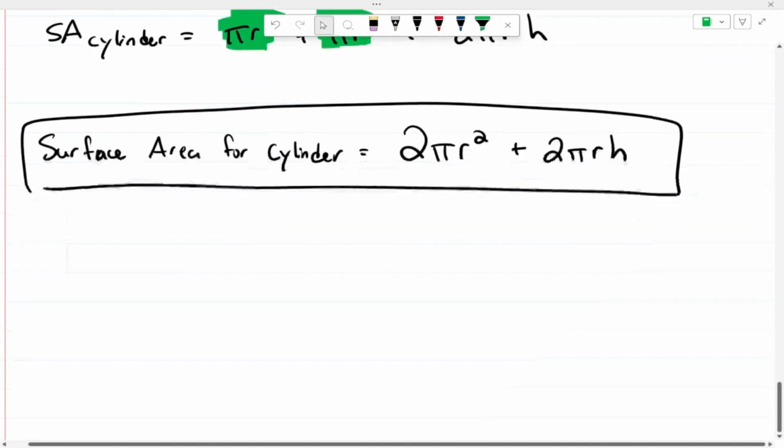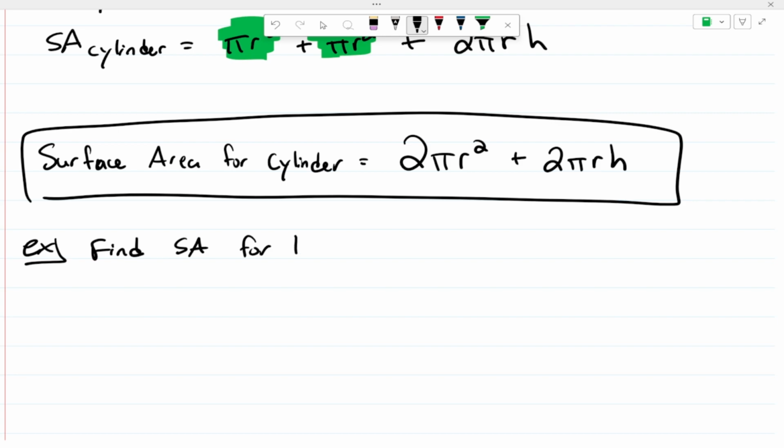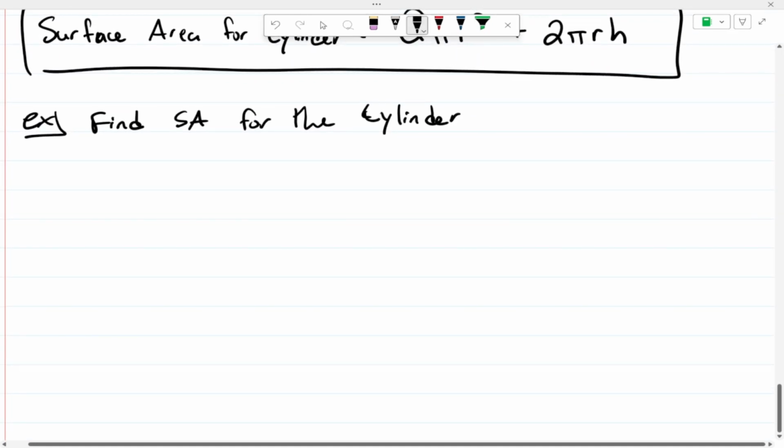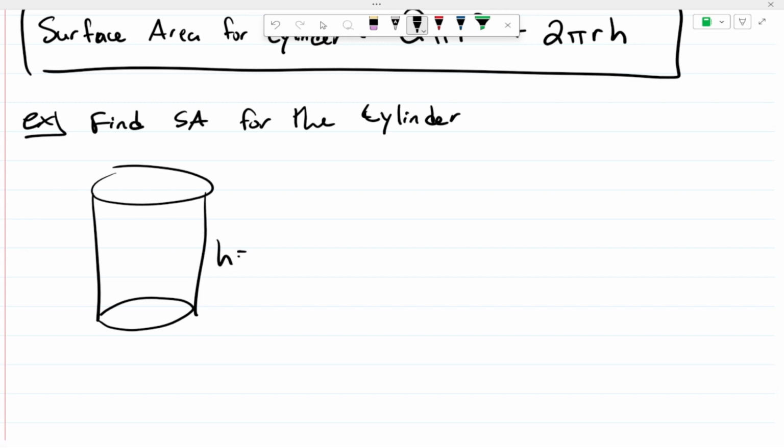So if we wanted to just find the surface area for the cylinder, all right, and here's our cylinder right here. The height is 10 and the radius is, we'll call it 5, and this is 10 feet.